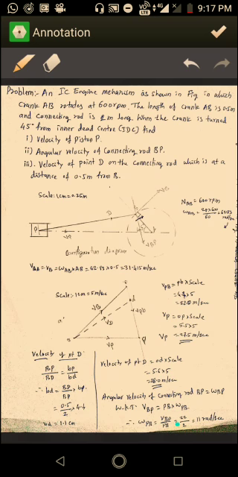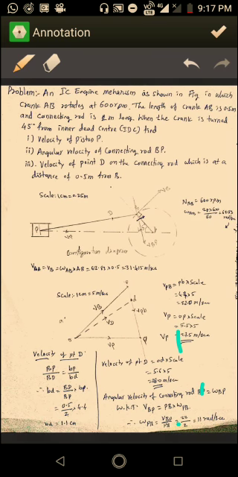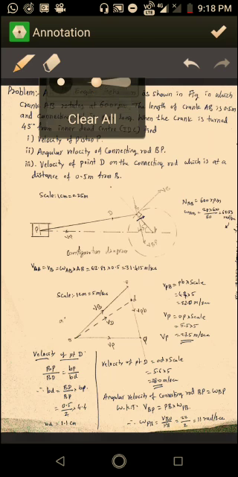So v BP will be equal to PB into omega BP, so omega BP will be equal to v BP divided by PB. Putting in the values of v BP, that is 11 radians per second, is the answer. So like this you have to draw the velocity diagram.